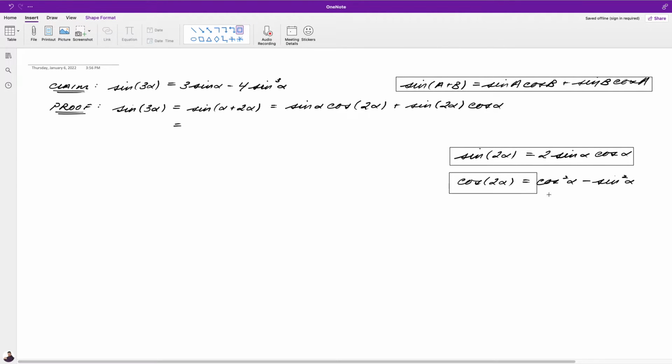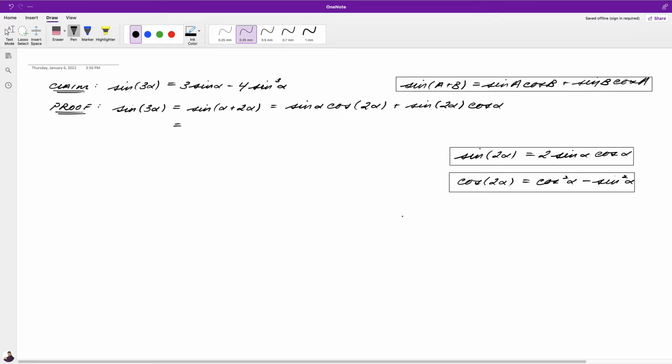Okay, very good. Now, going ahead and using these identities, we're going to have sine of alpha times cosine squared alpha minus sine squared alpha, plus 2 sine alpha cosine alpha, but then there's a cosine alpha here.